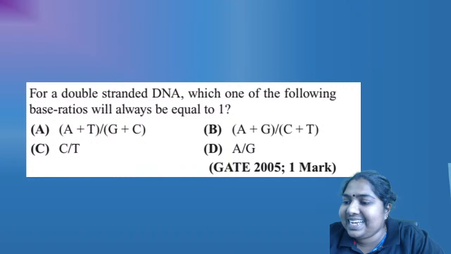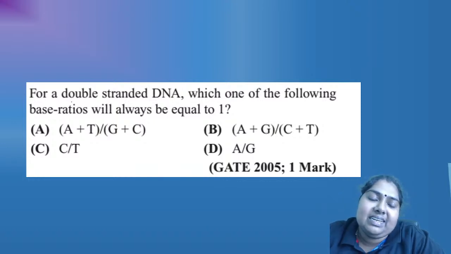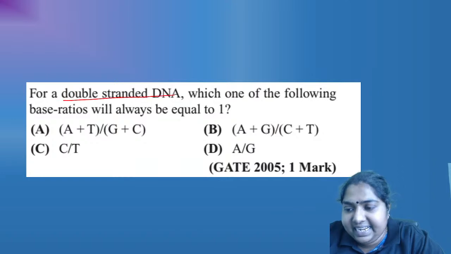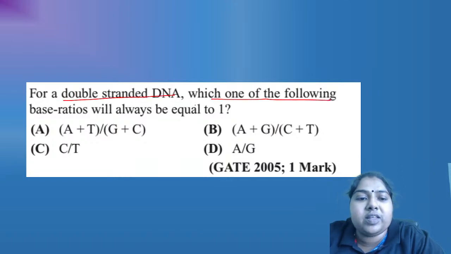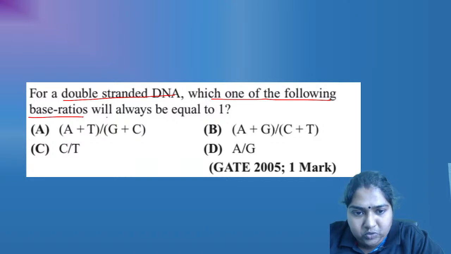So one more question, shall we take it up of similar trend? This is from molecular biology. For a double-stranded DNA, which one of the following base ratios will always be equal to 1?